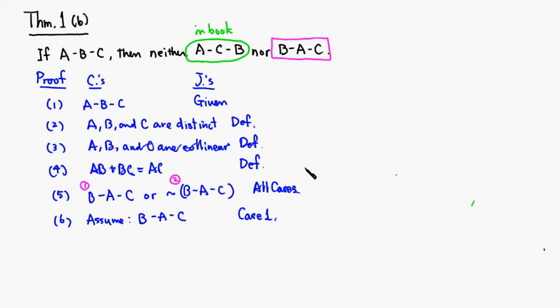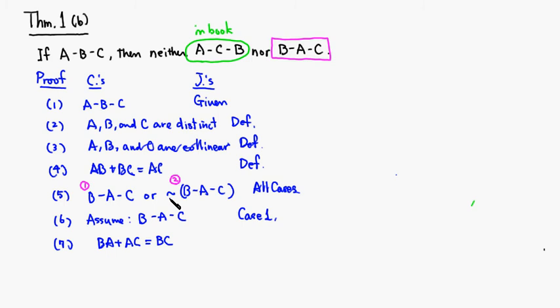So A is between B and C, so they're distinct and they're collinear. And the equation it needs to satisfy would be BA plus AC is equal to BC.